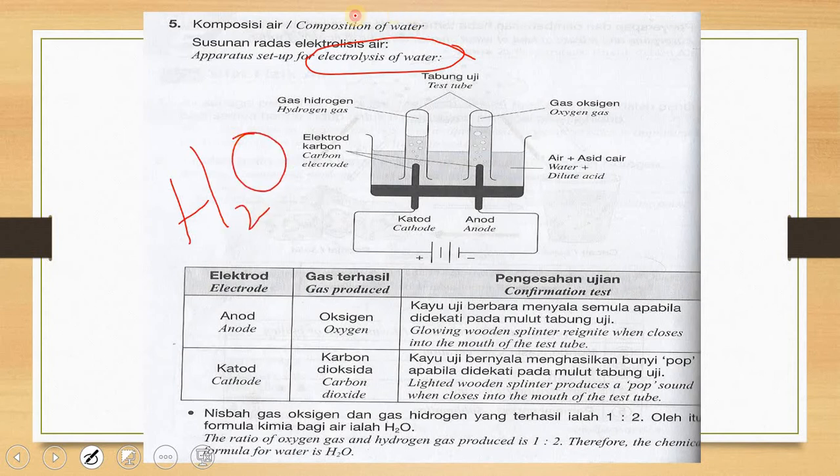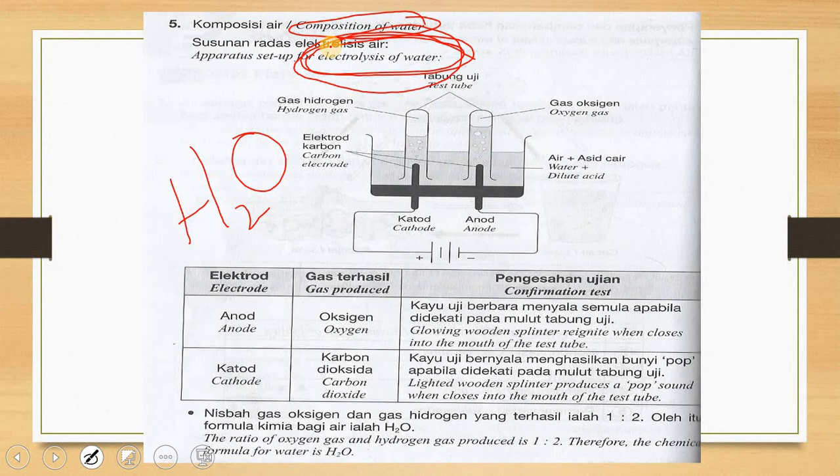That's the composition of water. So you have to remember, whenever there is an experiment of electrolysis of water, this means you separate, kamu pisahkan, the water into hydrogen and oxygen gas.